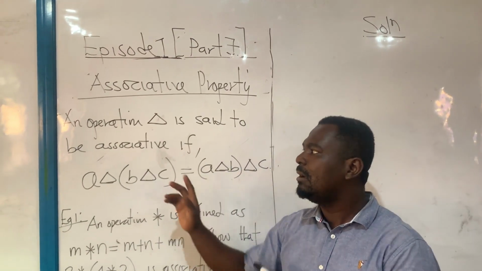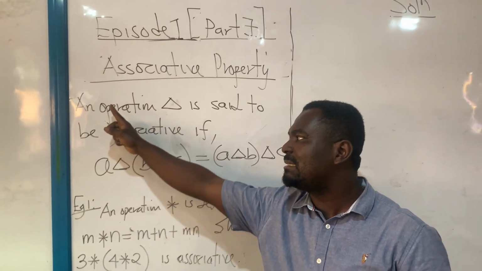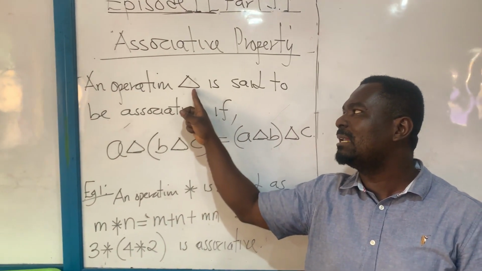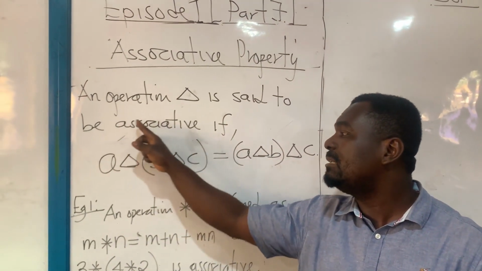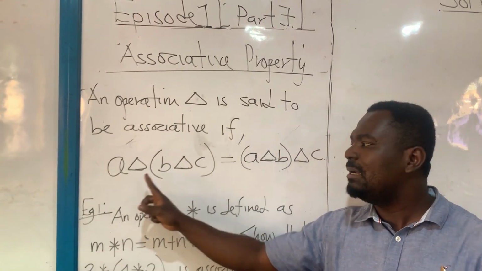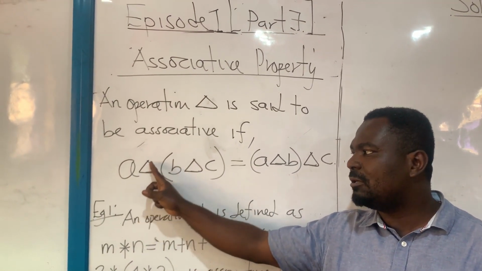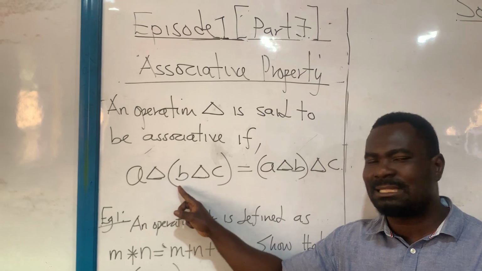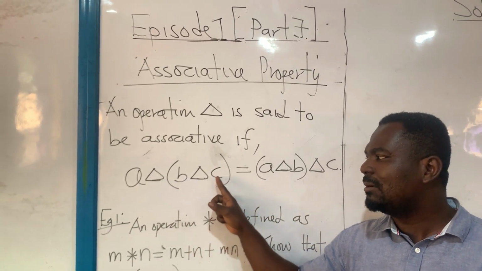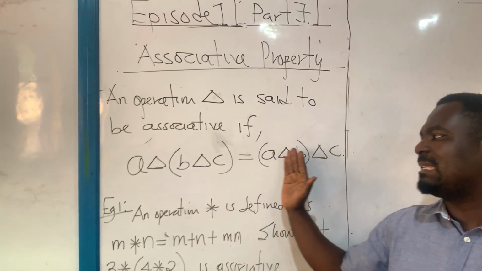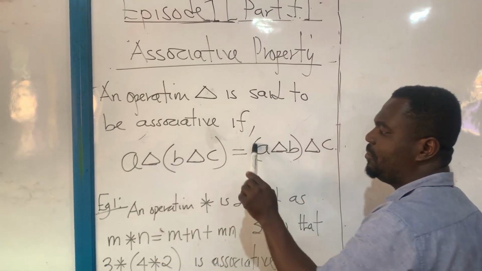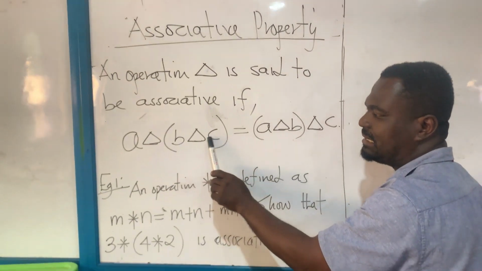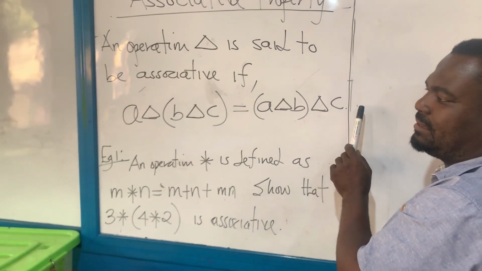is the condition, and it states that an operation triangle is said to be associative on this condition: A triangle into brackets B triangle C. On your right hand side, then the A and B will be put in a bracket, leaving your C outside the bracket.